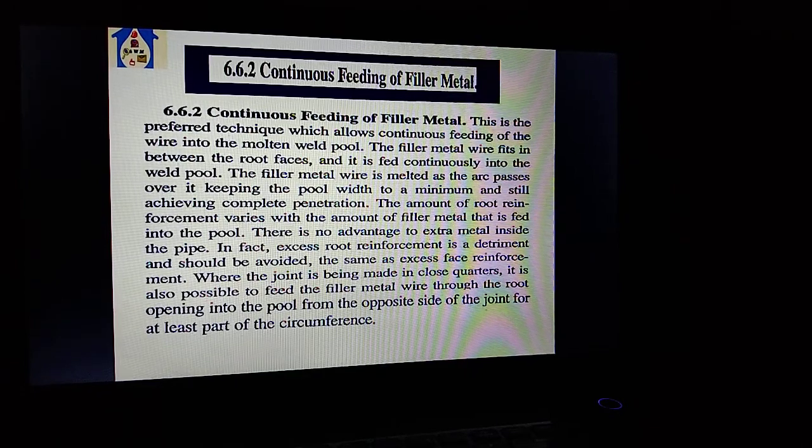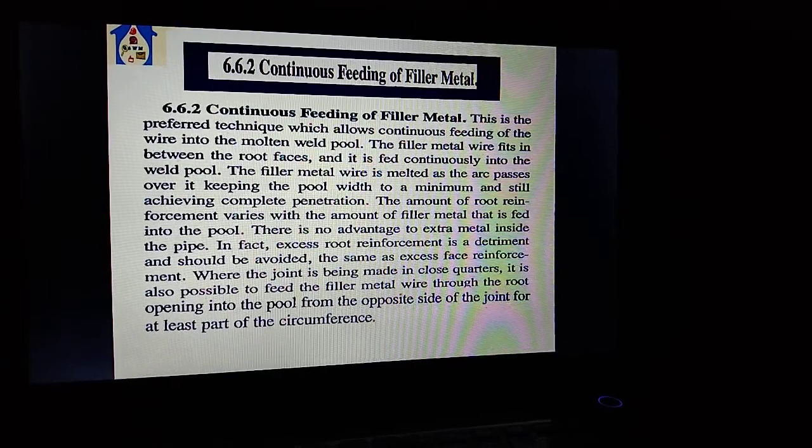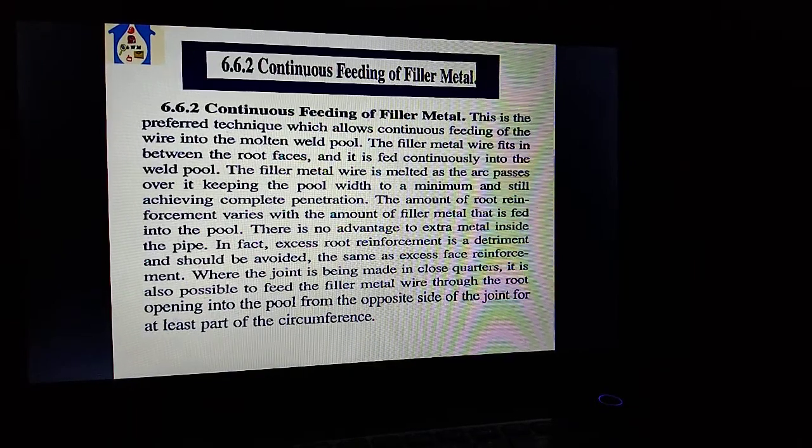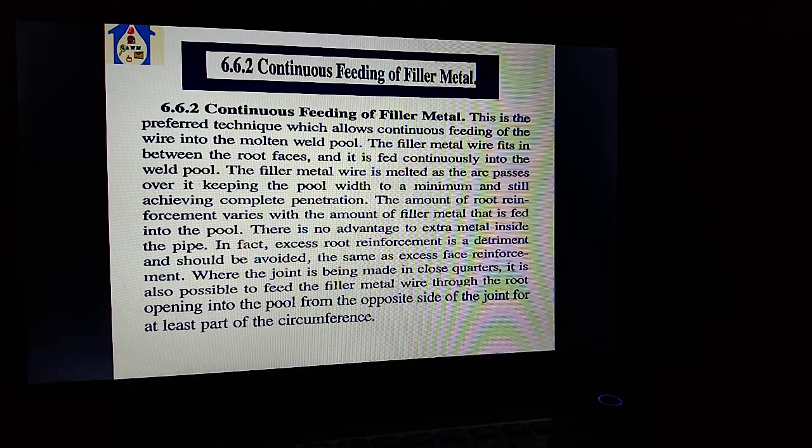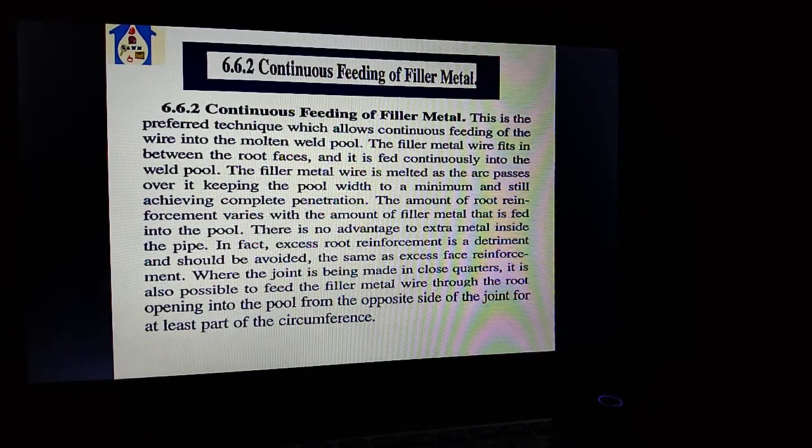This is especially true where the joint is being made in close quarters. It is also possible to feed the filler metal via the root opening on the opposite side of the joint for at least part of the circumference.